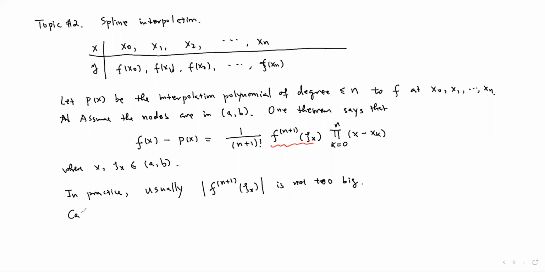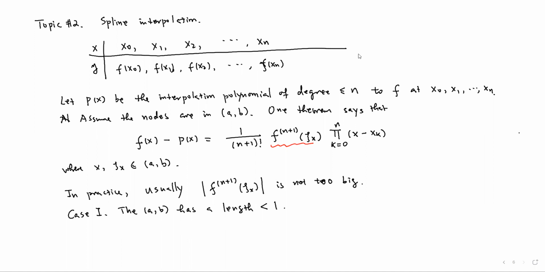Okay, now there are two cases. Case one. When the interval AB has a length less than 1. Okay, because the nodes are all in the interval AB.